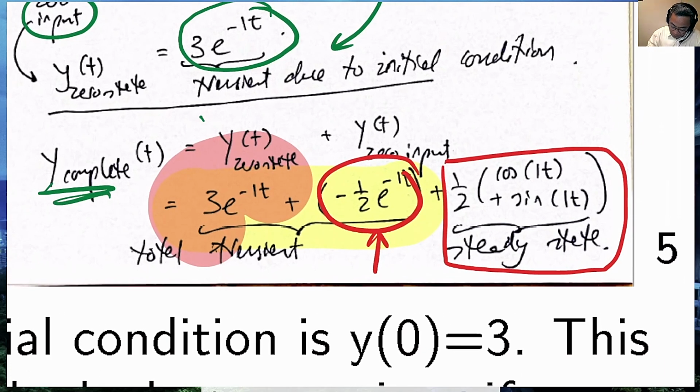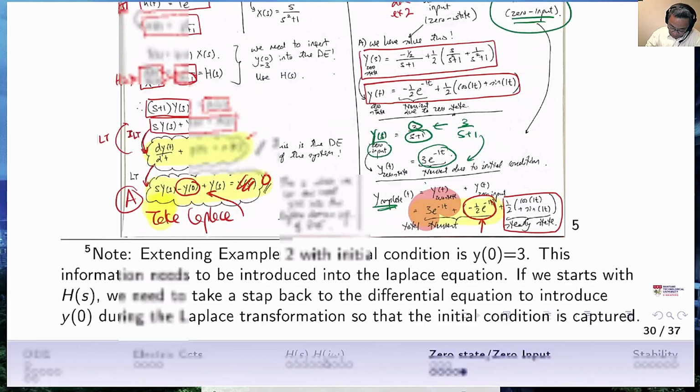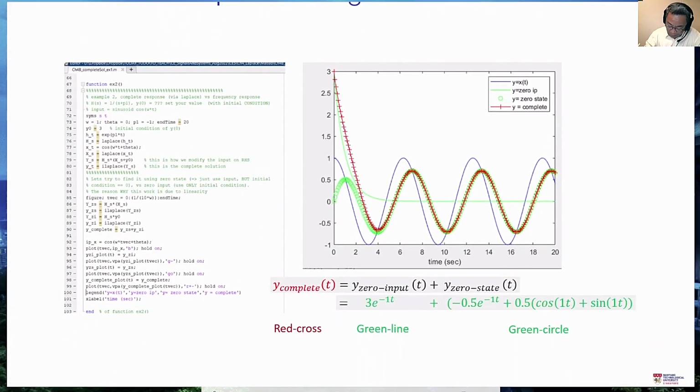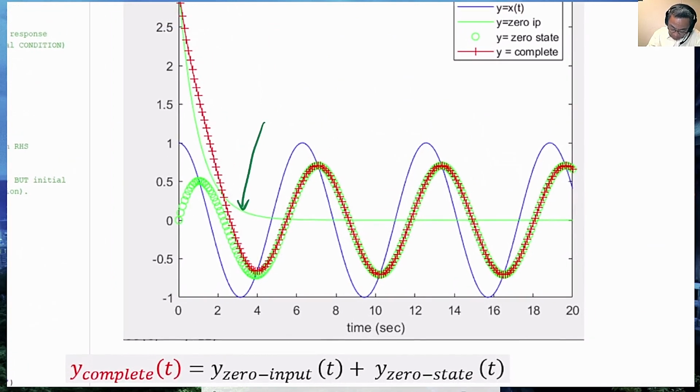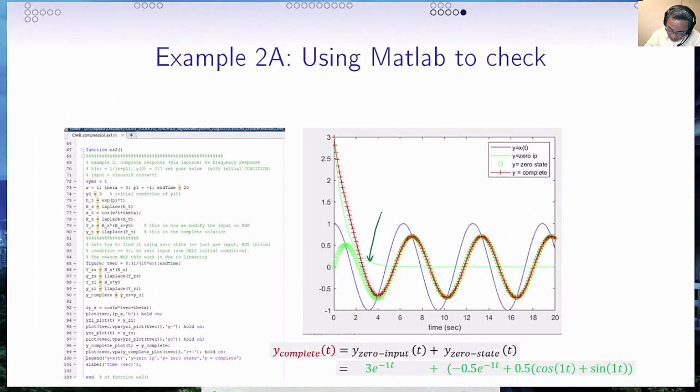Alright, let's draw the figure. Again, I use MATLAB to solve for you. This is the transient, the sum of the two transients. Let's see whether I get the numbers right.